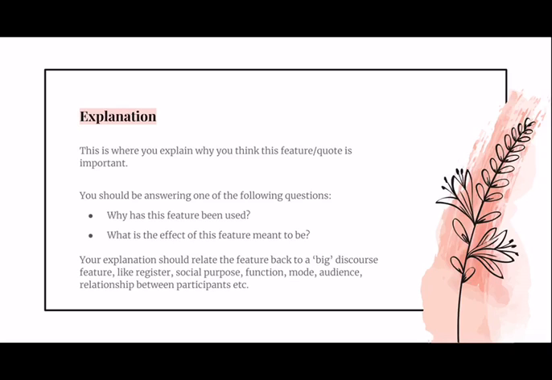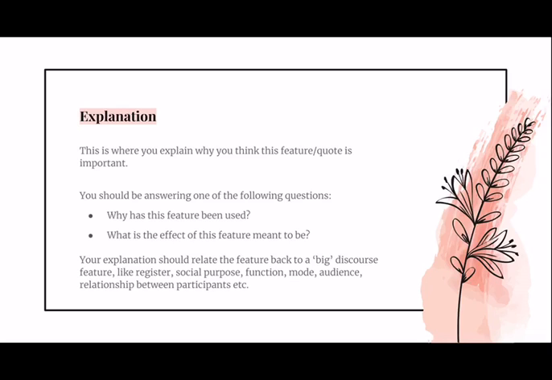Your explanation should relate the feature back to one of the big discourse features like register, social purpose, function, mode, audience, relationship between participants, all of those things that we've talked about in analysing pieces of discourse. Okay, so that also could be things like coherence and cohesion.